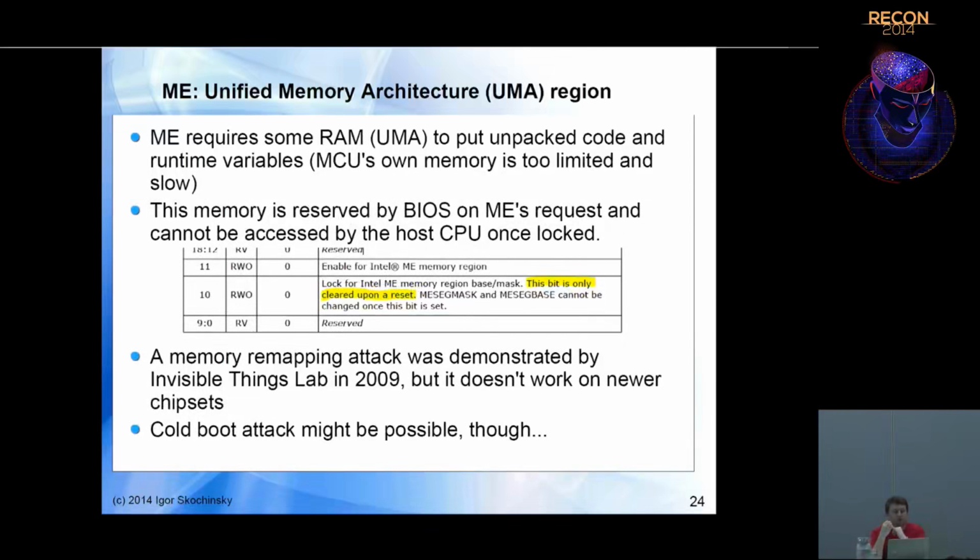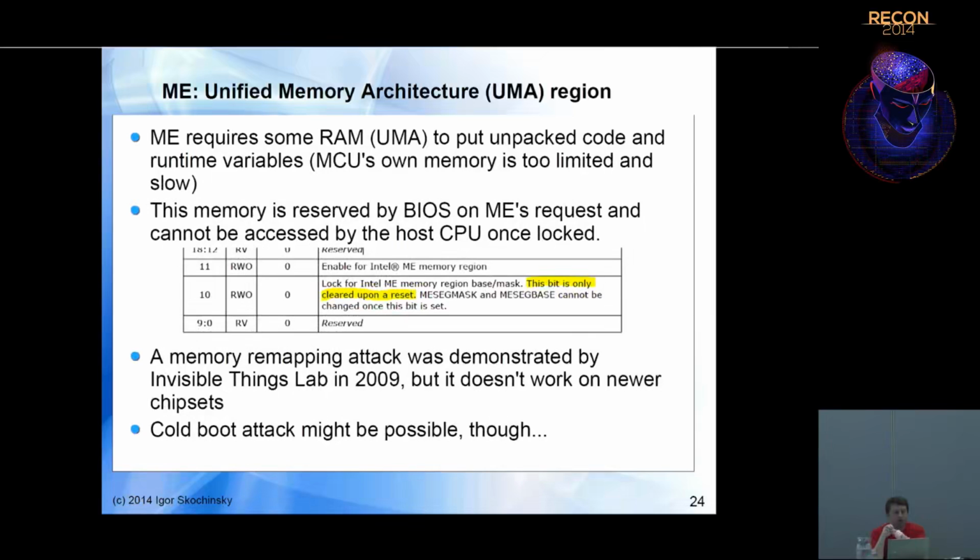So once the lock bit is set, the host CPU cannot access it anymore. This is enforced by the chipset, not by the main CPU. So that's why the main CPU cannot access this chunk of memory anymore. Once this lock bit is set, once the memory is allocated for the ME, it unpacks its own modules into that big, fast RAM, and starts executing from it. So as I said, the host CPU cannot access it.